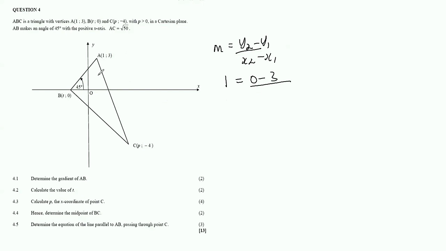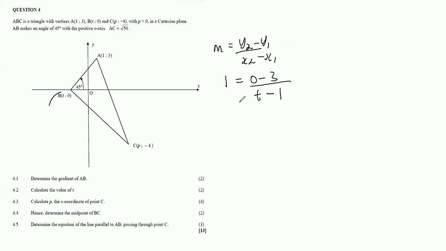So if you choose to make your second coordinate B, then in your x, this will have to be x2 and y2, and this one has to be x1 and y1, right? Then your x2 would obviously have to be the t that you are looking for, then minus 1.